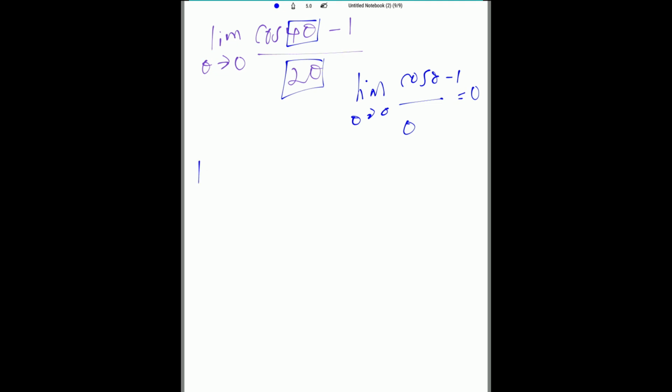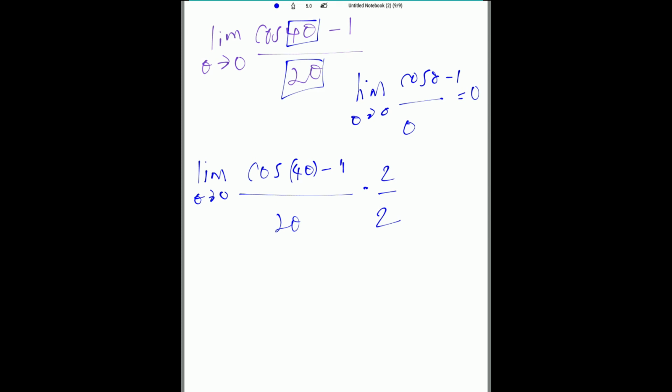Again, in similar manner as we did before with the other special limit, we multiply by 1. So we have the limit of cos 4 theta minus 1 all over 2 theta, and I'm going to multiply that by 2 over 2, and theta is approaching 0.